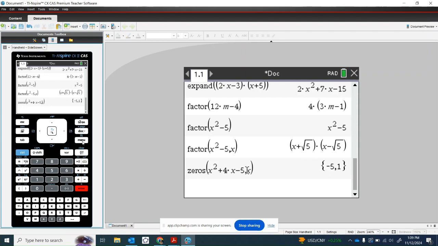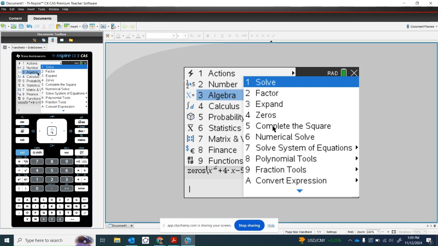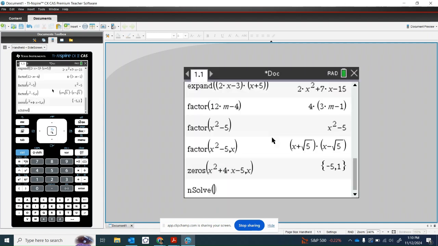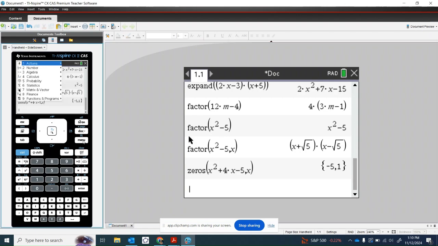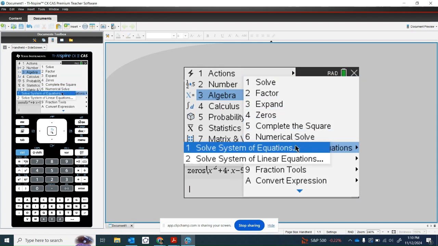I could complete the square if I needed to complete the square on something. That is one of the options under algebra. I've not really done that one before. Numerically solve. I'm trying to remember this one. I think we're going to look at that one a little bit later. So give me a minute. I will skip over that one for right now. We will work with that one later.